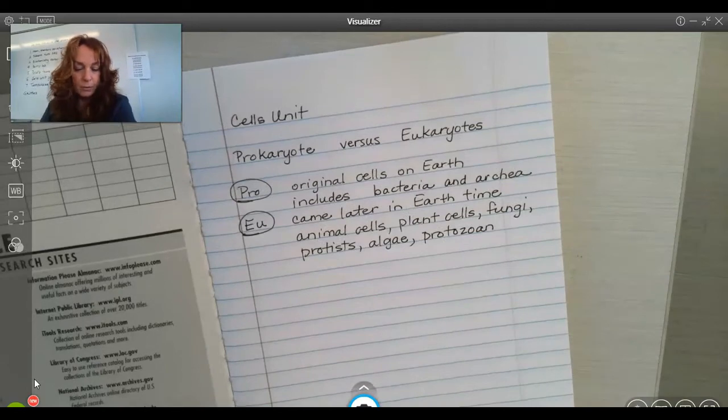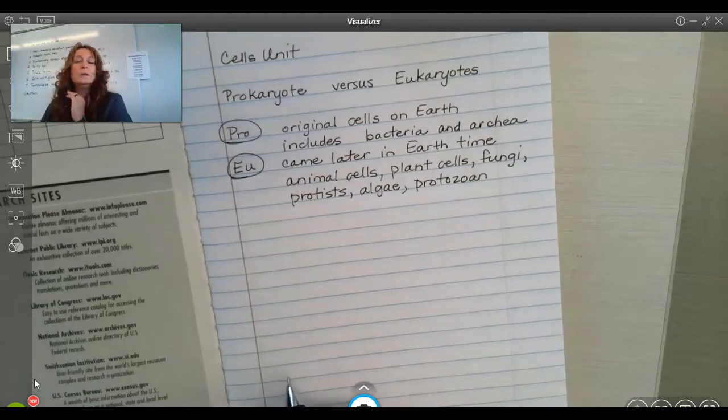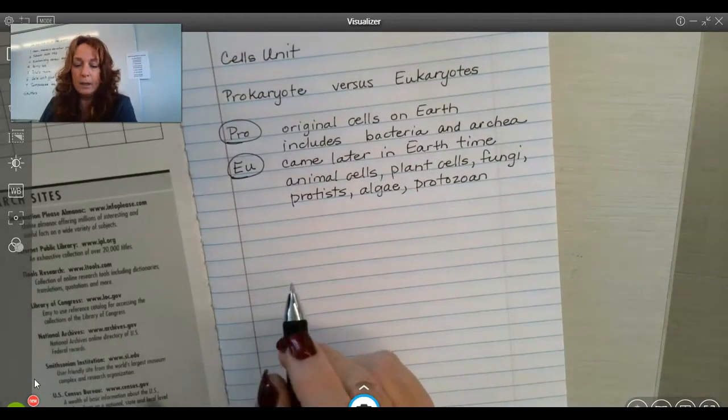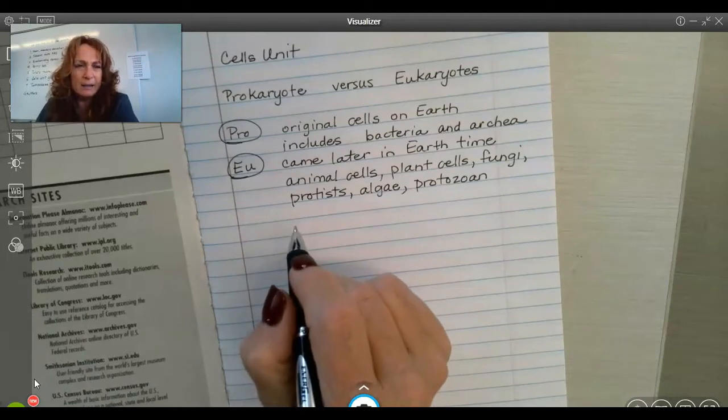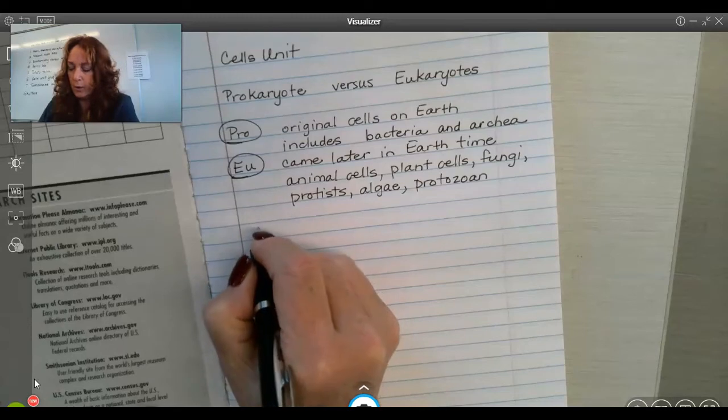So any of those would fall into eukaryotic cells. So an easy way to begin to think about them is to start with size. I think that gives perspective of what changes there are.